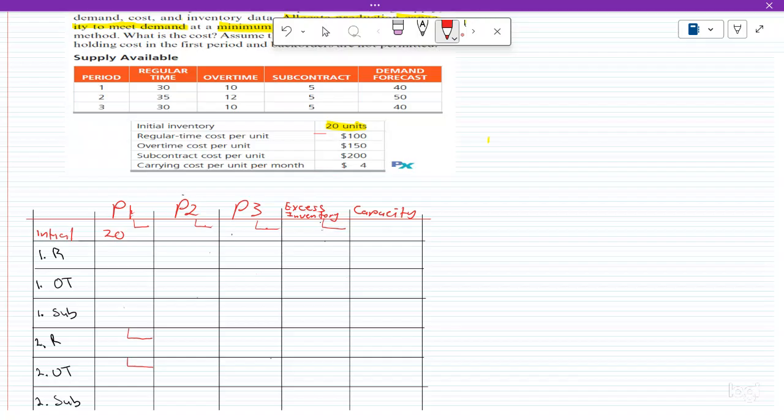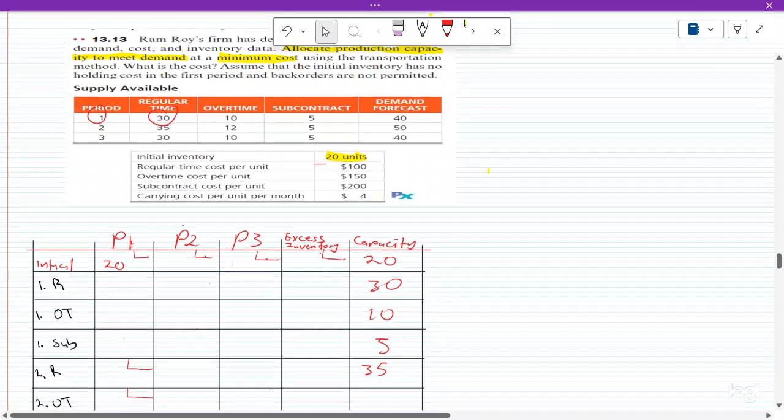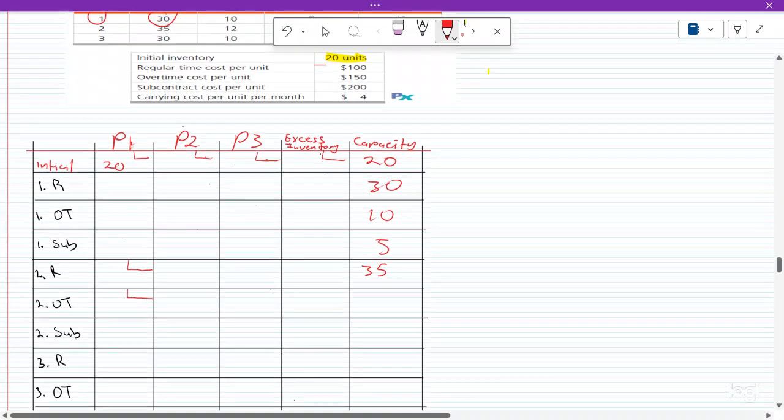This 20 you can write there, and then period 1, for regular time is 30, overtime is 10, and subcontract is 5, then 35, 12 and 5.